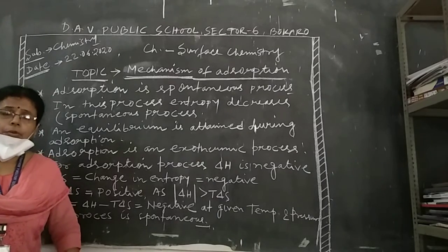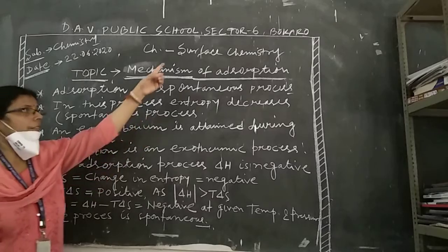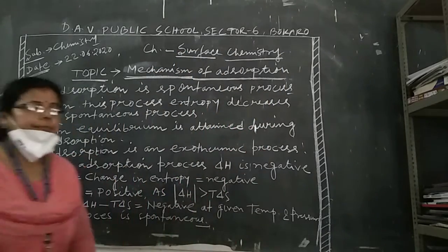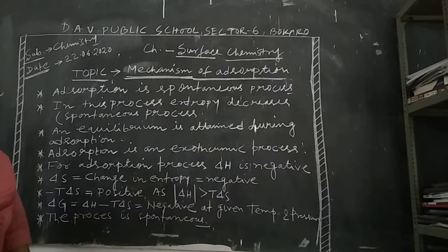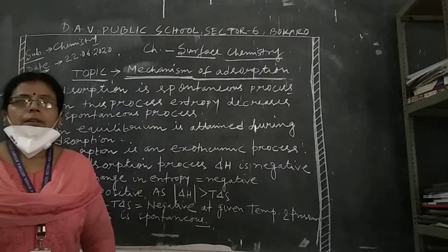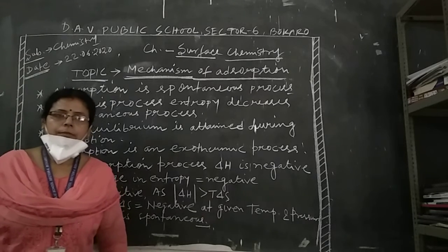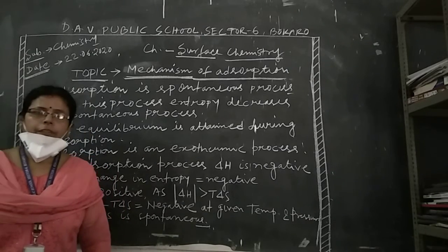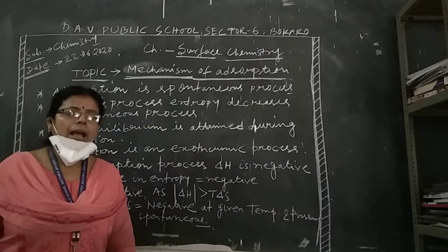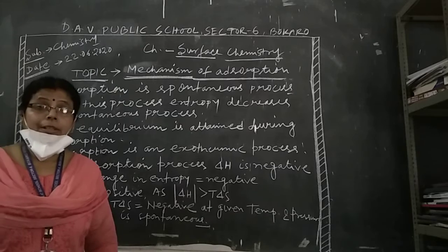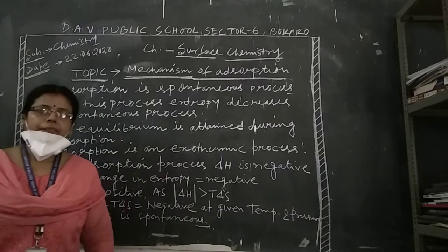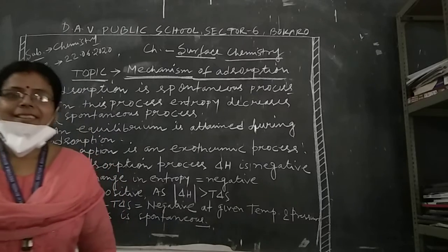This is the second video on the chapter Surface Chemistry. In the first video, I discussed the definition of adsorption and a few terms like desorption, adsorbate, adsorbent, and absorption.